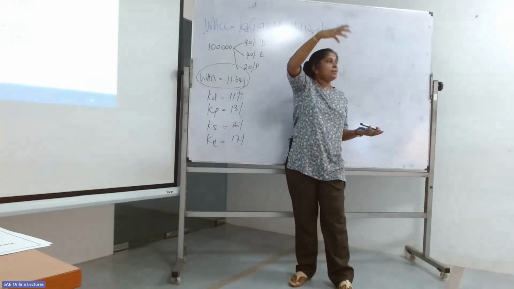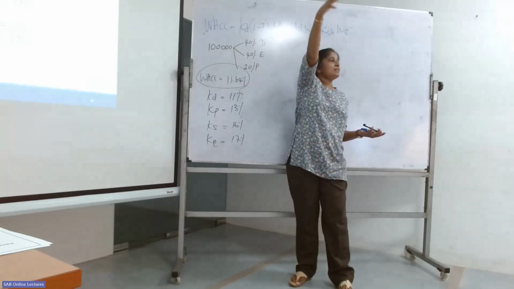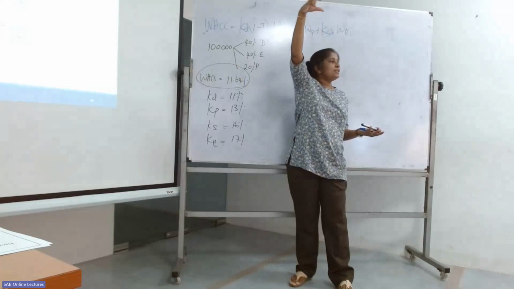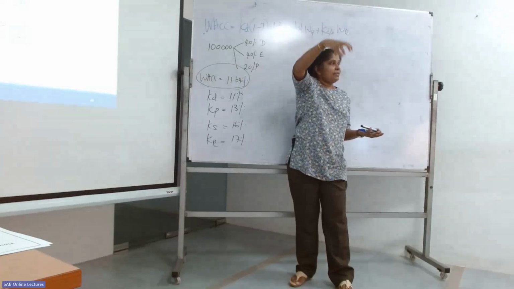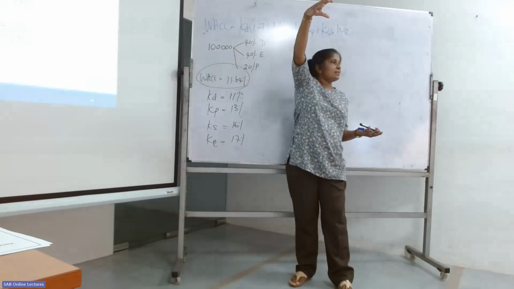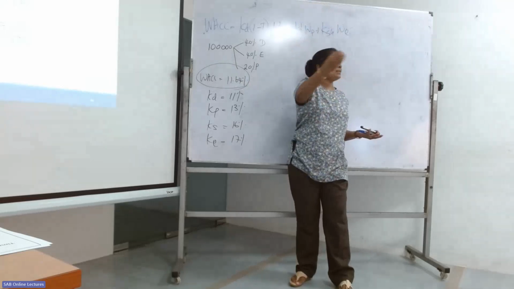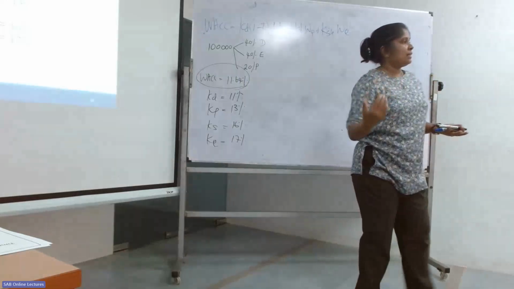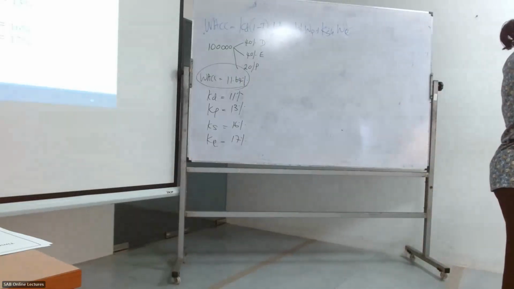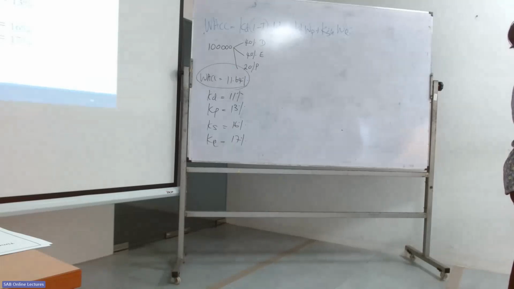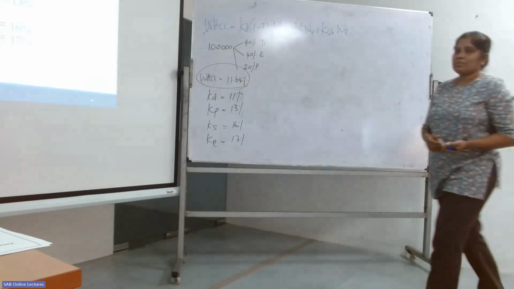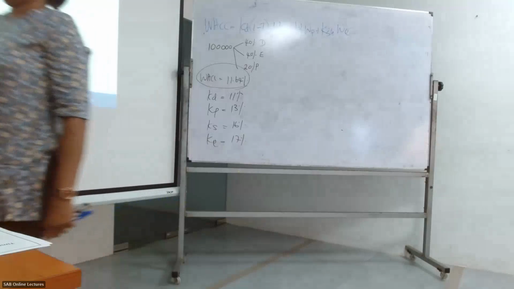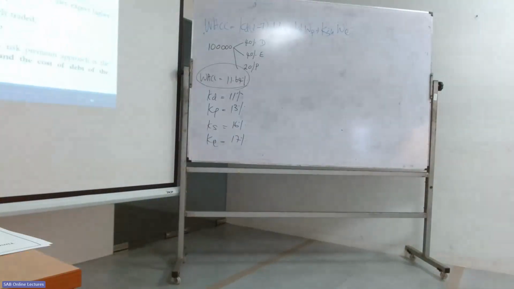So if they are raising capital from 100,000 to 200,000, so an additional 100,000 they have to raise. When this additional 100,000 they are raising, some component cost of capital can be changed. Say they might have to issue shares, they might have to borrow at the new interest rate. Some component cost of capital is changed. Is that clear? So what is the marginal cost of capital? Marginal cost of capital is the cost of raising new capital.